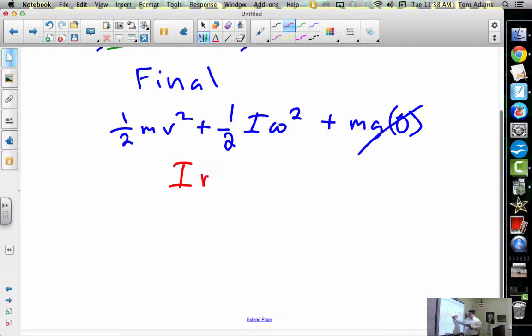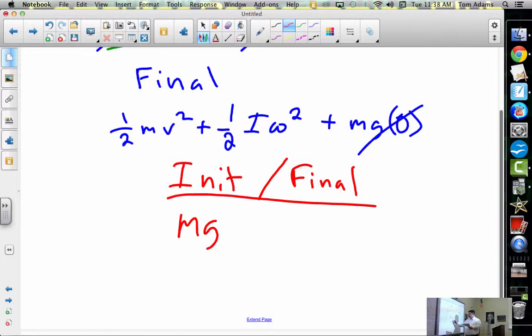So if I think of this in terms of the initial and the final, because that's what conservation of energy is, the initial should equal the final. My initial is just mgh, because there's no motion on the other side, there's nothing. But my final is all this stuff, which is 1/2 times the mass times the velocity squared plus 1/2 times the moment of inertia, right? And what is the moment of inertia? Do you guys remember?